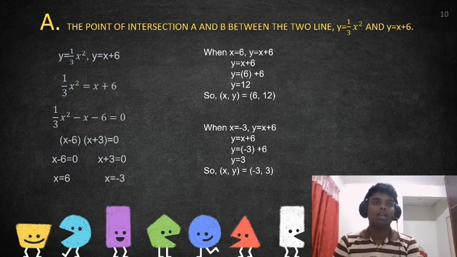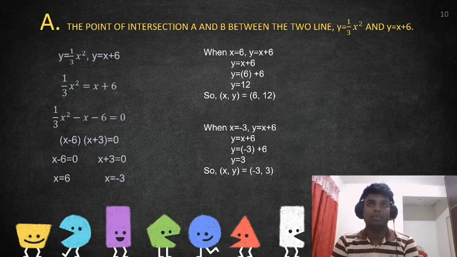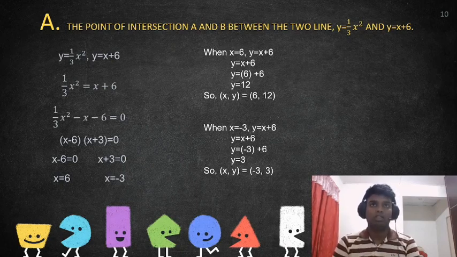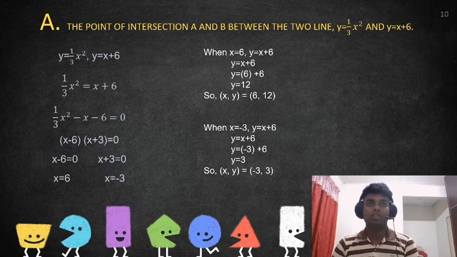So you'll get x equals 6 and x equals -3. So when you get the x value, we can get the y value by substituting the x value into the y equation. So when x is 6, you can substitute in both equations.